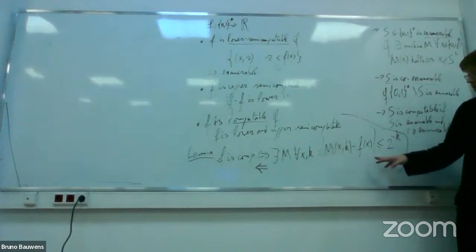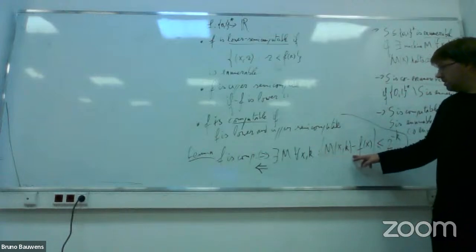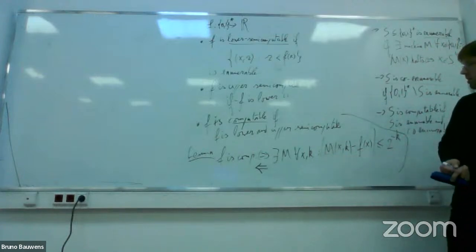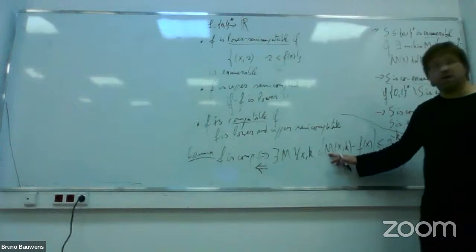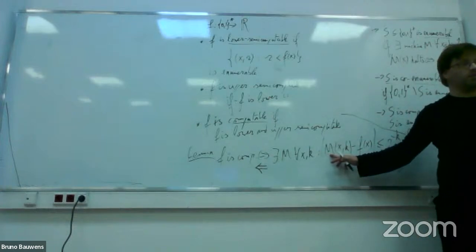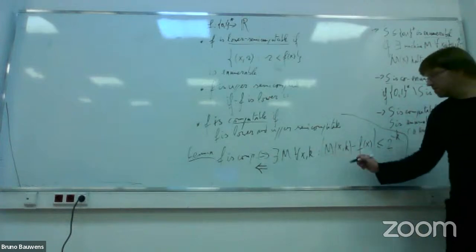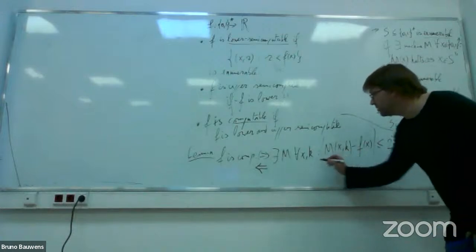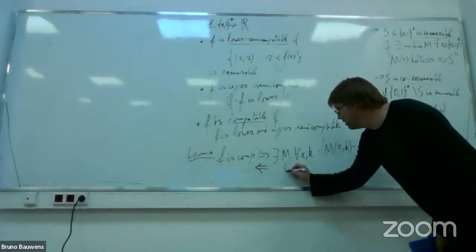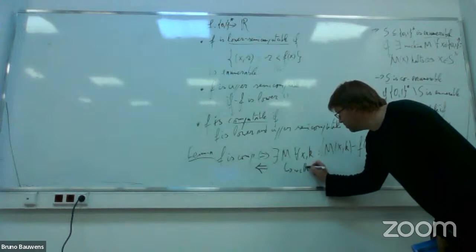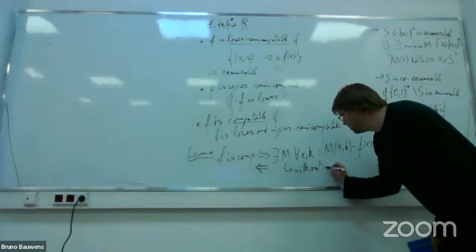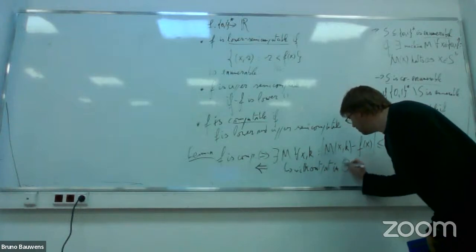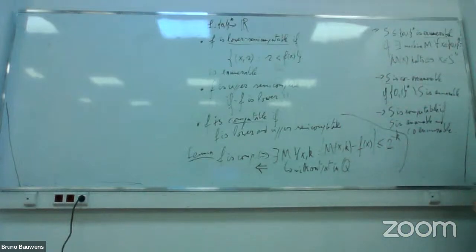Okay, I didn't specify what's the output of M. So M is a rational number here. M produces values, it outputs a pair of rational numbers.